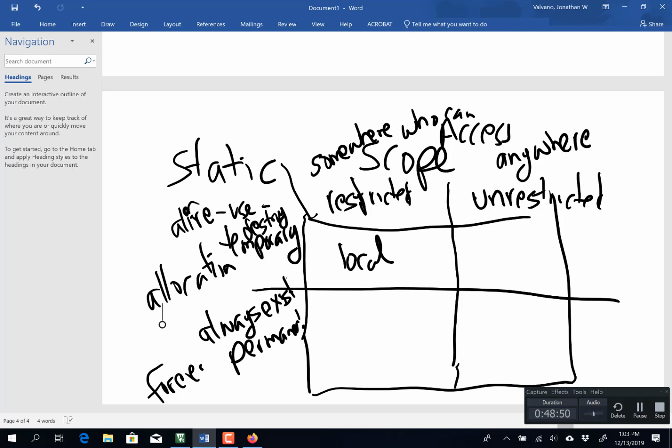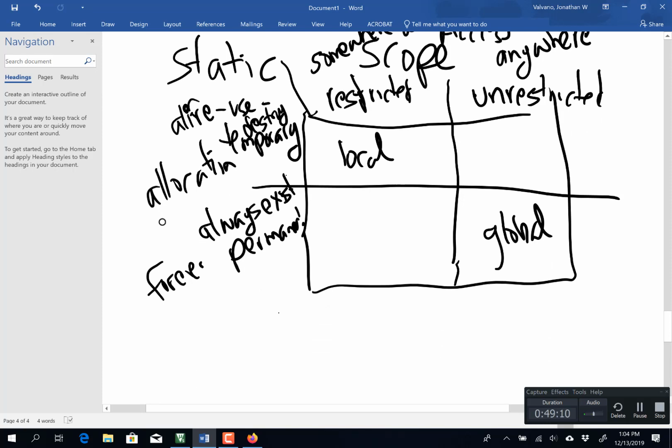Where are globals? Which box? Unrestricted permanent access. Okay, with me? That's what a global is. It can be accessed anywhere, anyhow.